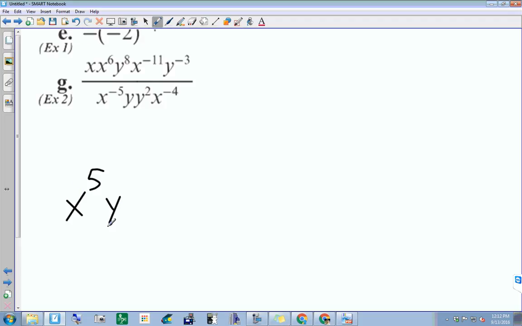X to the fifth, y to the second. Okay, so let's take care of this. Take care of the top first. So I've got an X up here. I've got 1 here, and 6 makes it 7. 7 and negative 11 makes it negative 4. Y is on top.